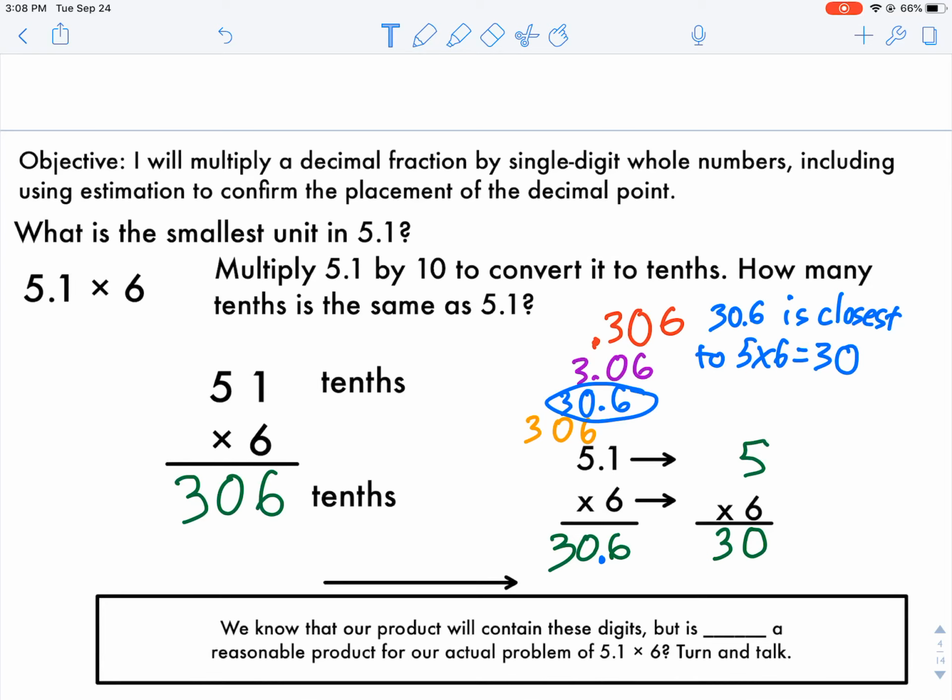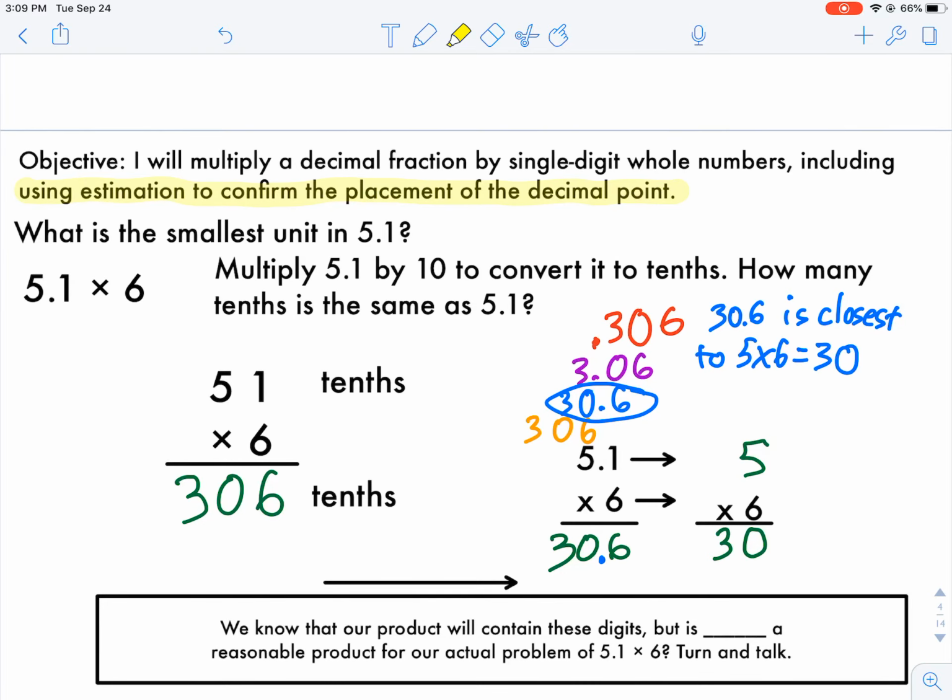So I want you guys to understand that we need to use estimation to confirm placement of the decimal point. That's the idea behind this lesson.